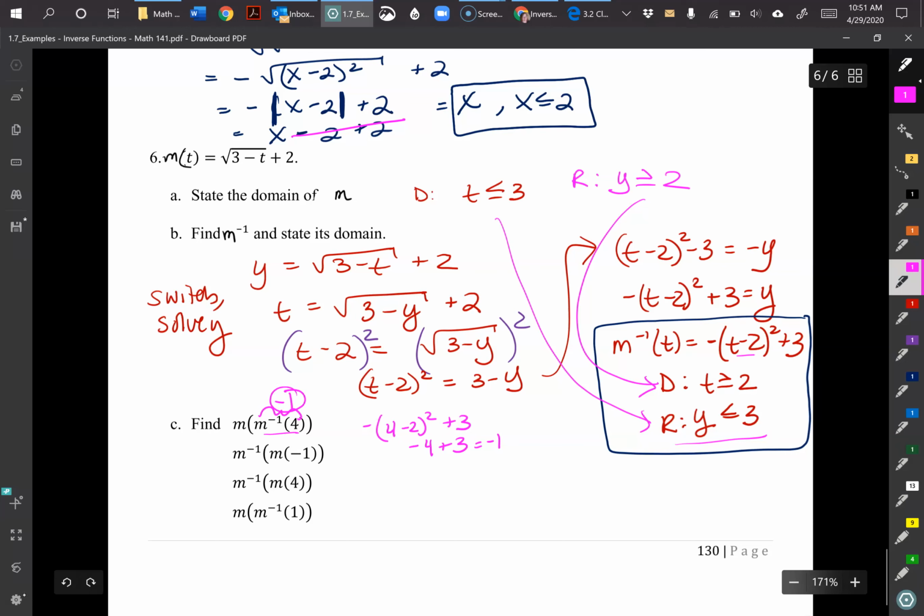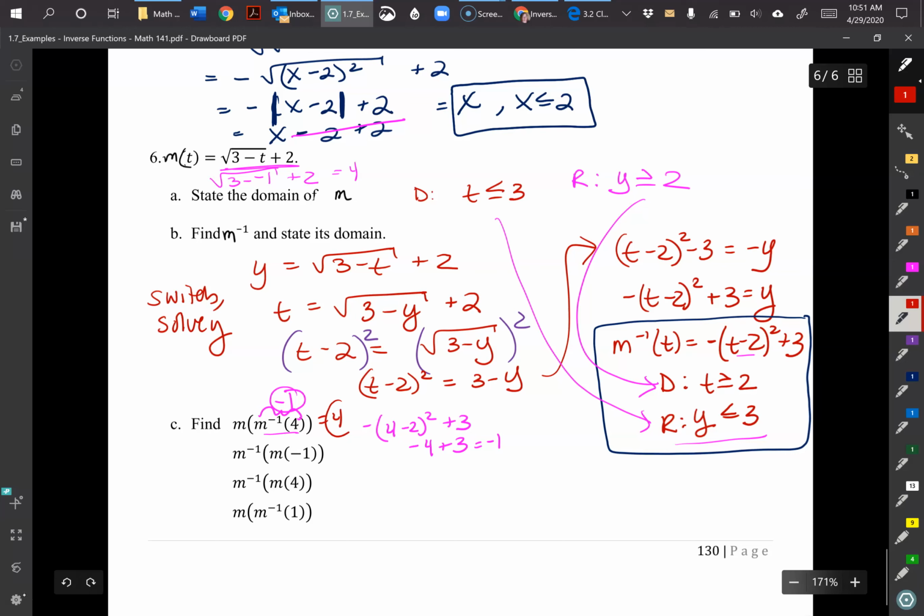Then I would take my negative 1 and put it into my function above. So I would get the square root of 3 minus negative 1, plus 2. That would be the square root of 4 plus 2, which would end up being 4. So I actually get my 4 back.